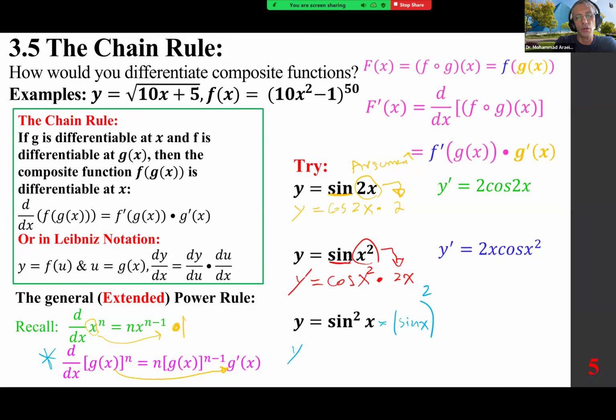So we have y prime: n is 2, then sine x to the power of n minus 1, and then times the derivative of the inside, which is cosine x. The derivative of sine x is cosine x, so we get 2 sine x cosine x. Understanding these three questions, I believe, makes it easier to follow the concept of a composite function.